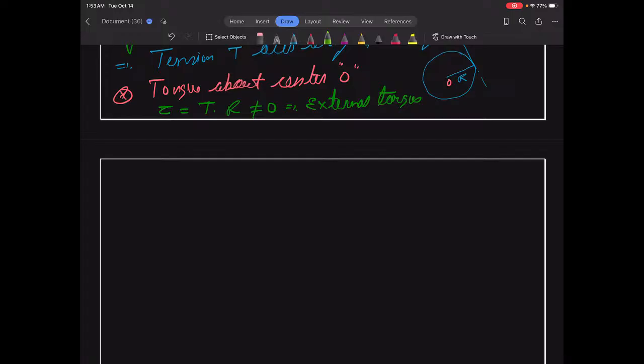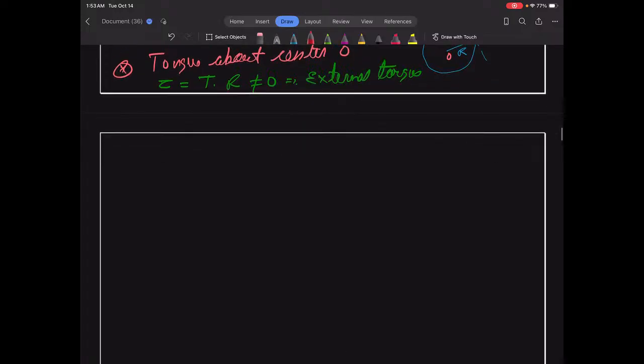Okay. And if there is external torque, or we can say external force is acting there, our angular momentum will not be conserved. We can say our angular momentum about point O is not conserved.